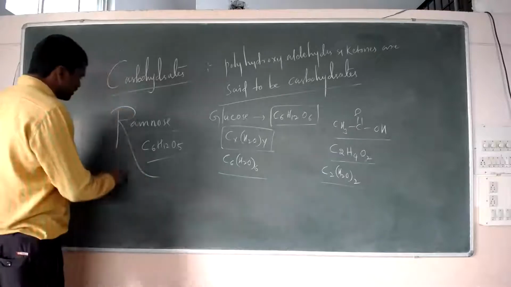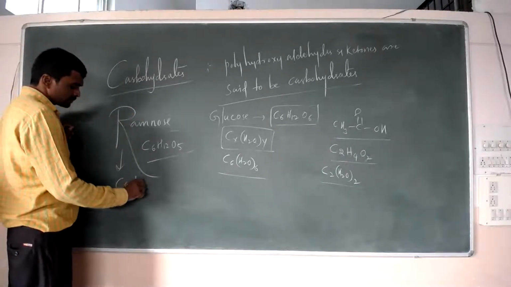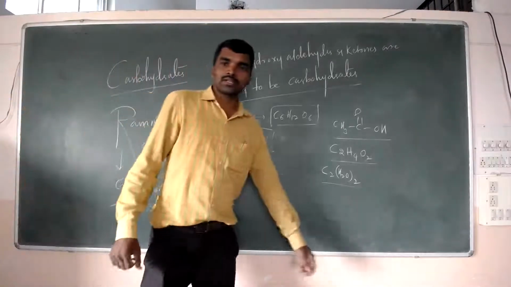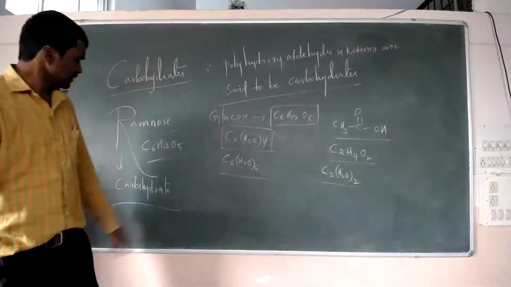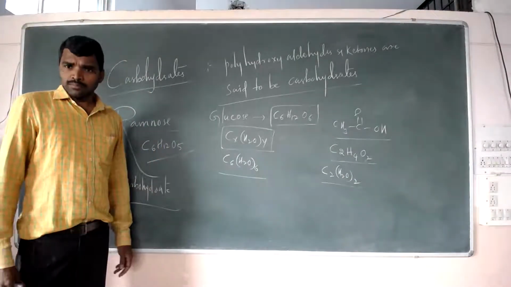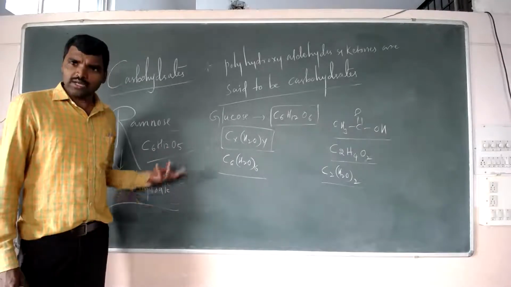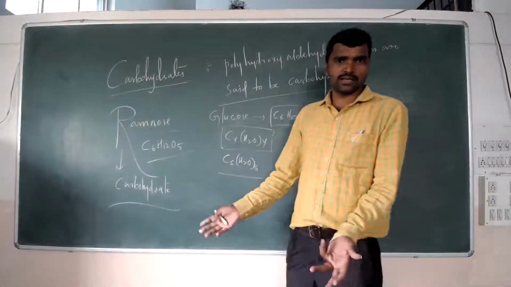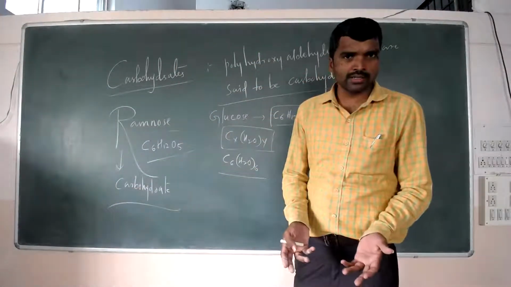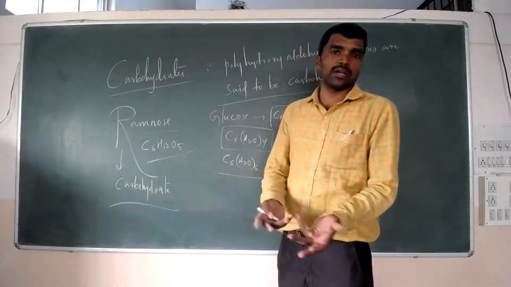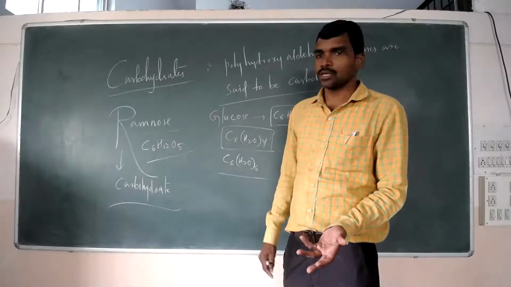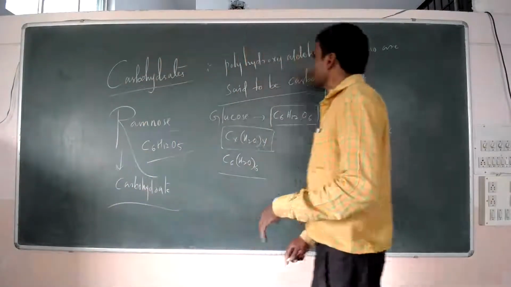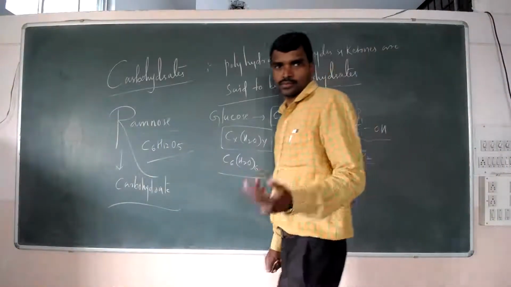Yet rhamnose is a carbohydrate only. So remember, a general formula is there, but not everything that fits is a carbohydrate, and not everything that does not fit is a non-carbohydrate. Carbohydrates are polyhydroxyaldehydes and ketones.